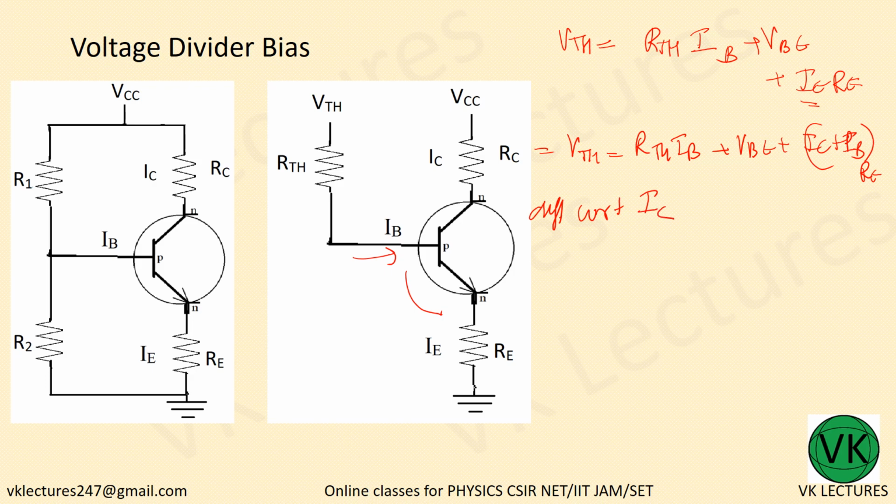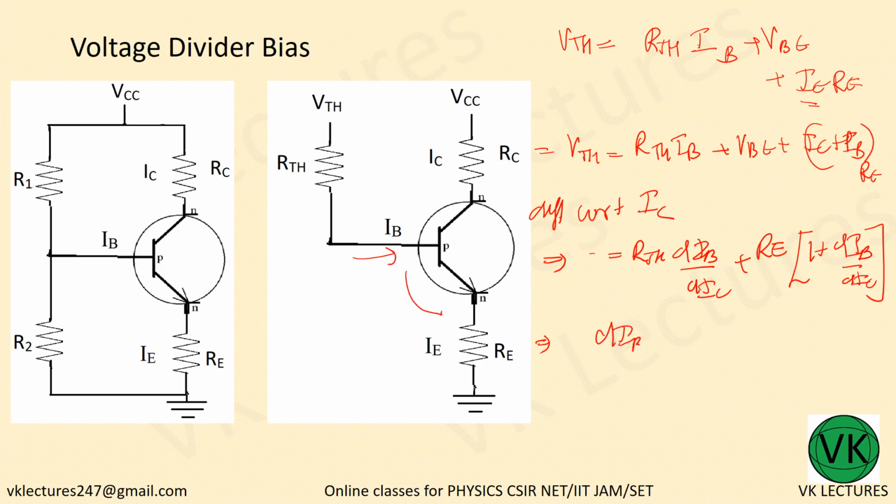Now differentiate with respect to IC. What you have? This is 0. So RTH into DIB by DIC plus this quantity again 0. RE into 1 plus DIB by DIC. Correct? Yeah. Again, what you want? DIB by DIC.